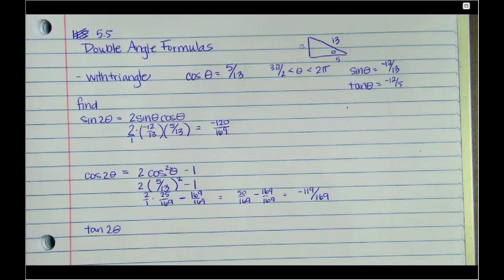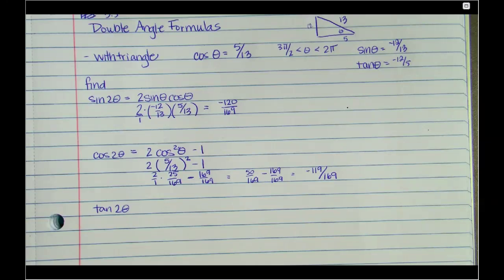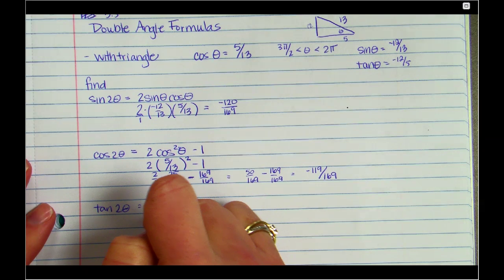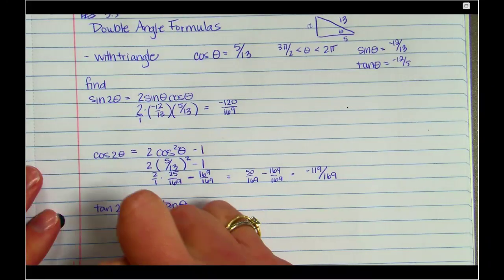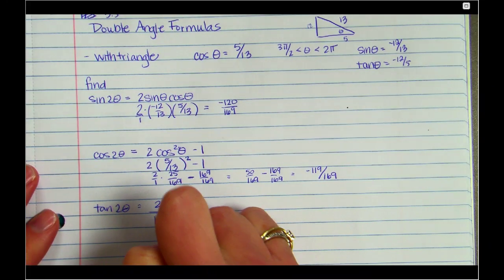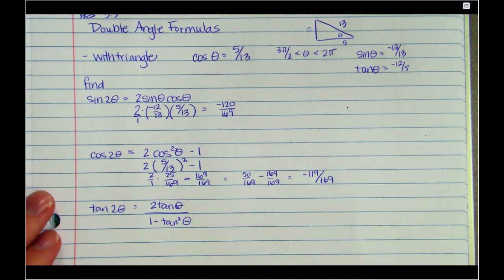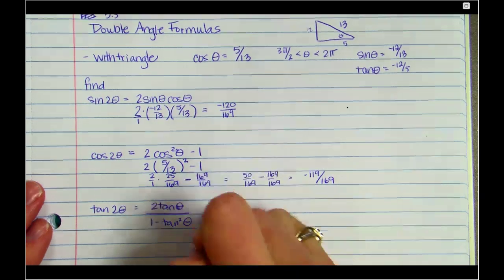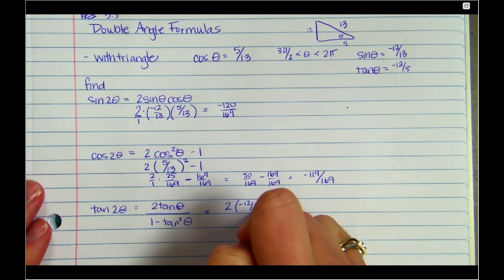So let's talk tangent. This is not going to be terrible. I promise this does not seem as bad to me as the ones on the chart. The formula for tangent is 2 tangent theta over 1 minus tangent squared theta. Our tangent is negative 12 over 5.